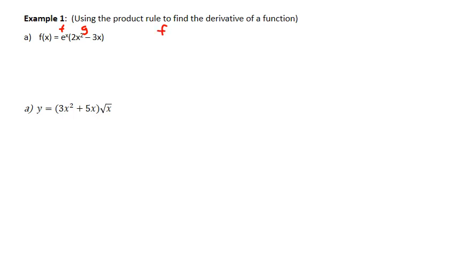So I can see that f is e to the x. Its derivative is e to the x. g is 2x squared minus 3x. Its derivative is 4x minus 3.